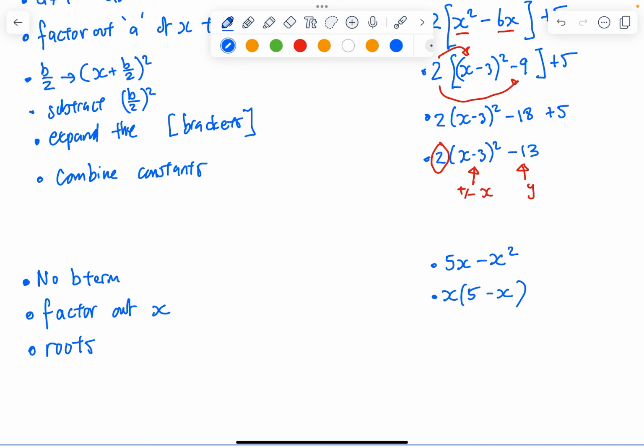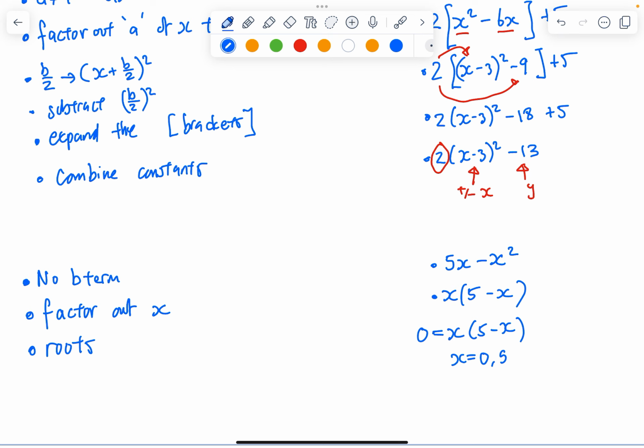The roots are, it will be equal to 0 when x is equal to 0, because 0 times anything is 0, or when this bracket is 0, which is when x is equal to 5, because anything times 0 is 0. So x is 0 or 5, those are my roots.